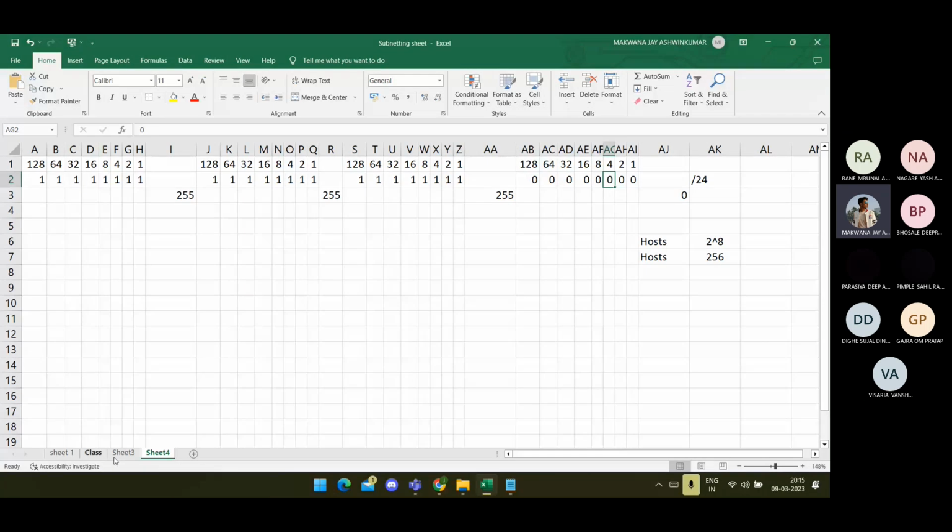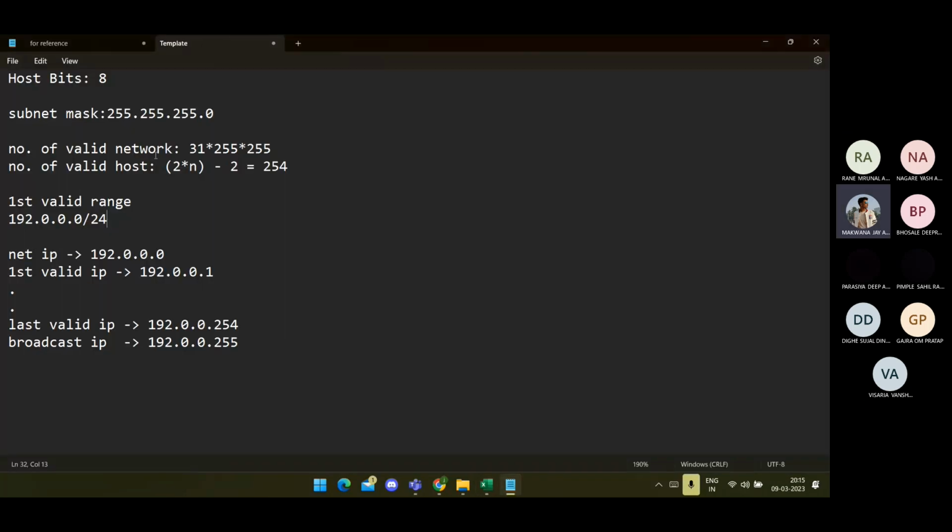Now let's see how to calculate. Now we have calculated the number of hosts for class A, class B, class C with the default subnet mask, that is /8, /16, /24. We are not talking about D and E because that is not used in subnetting, because it is used for multicasting and reserved.